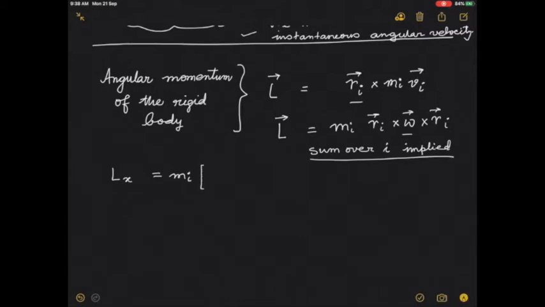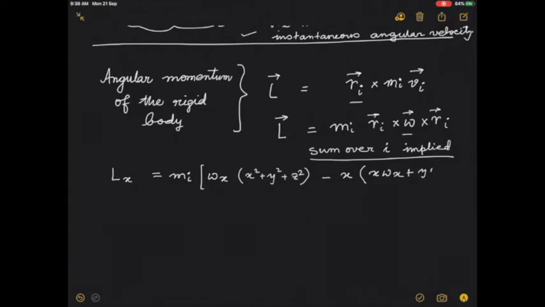So now this is r_i cross A cross B cross C, which you know already. So it's B times A dot C minus C times A dot B. B is omega, so the x component of that will come here. And A dot C is r squared, which is nothing but x squared plus y squared plus z squared, minus C. C is r, and the x component of that will come.